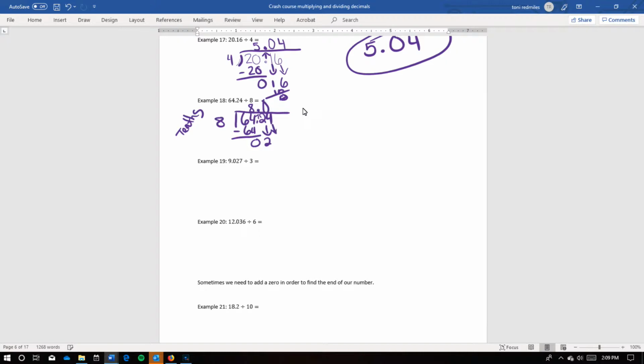Now I can drop down another digit, and 8 goes into 24 3 times. Just like when I multiply, I'm shifting over so that I can be underneath the place value. This time I'm trying to be on top of the place value that I'm working with, okay? So this one is that answer.